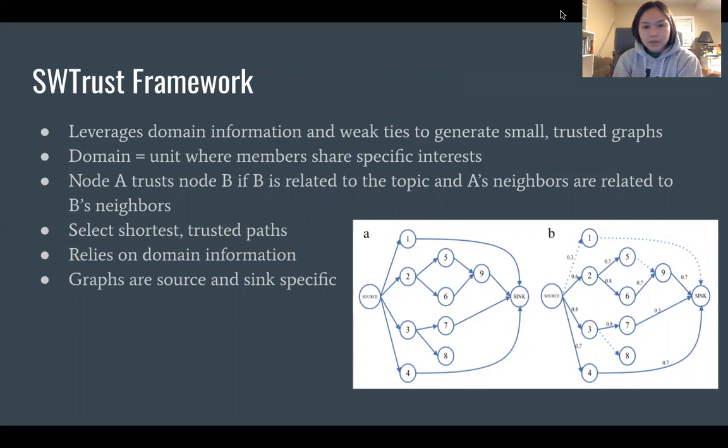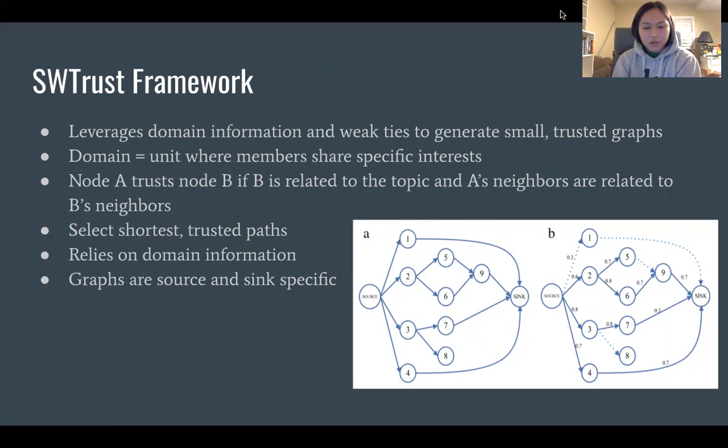A domain is defined as a unit where members share specific interests, and node A trusts node B if B is related to the topic and A's neighbors are related to B's neighbors. So it uses domain information and structural information. Then after creating the trusted network, it selects shortest trusted paths, and that creates the finalized trusted network.